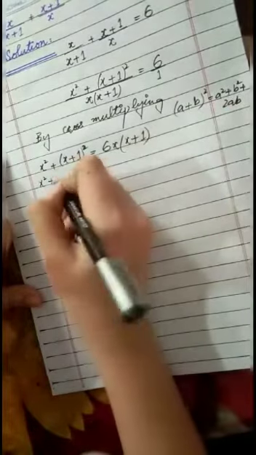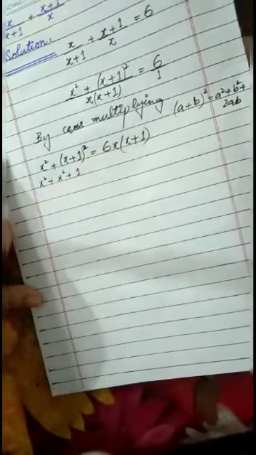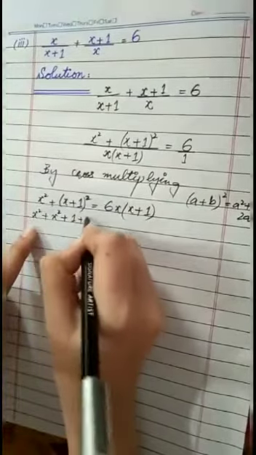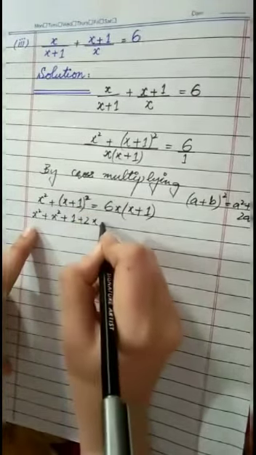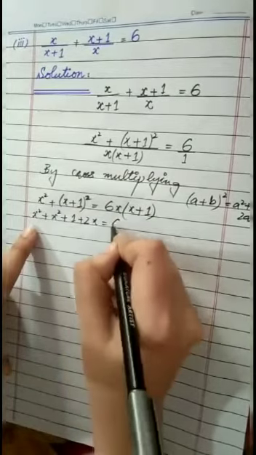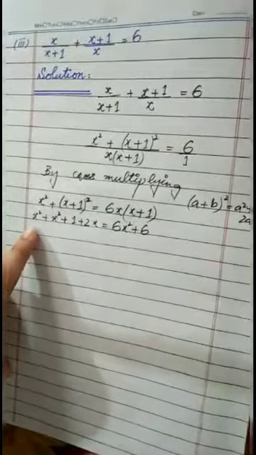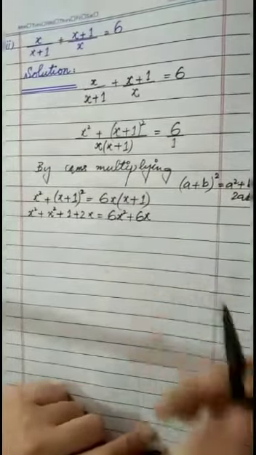That formula we will apply here as x square plus 1 square, plus 2 into a into b, means 2x, is equal to 6 x square, 6 x 1s are 6x.